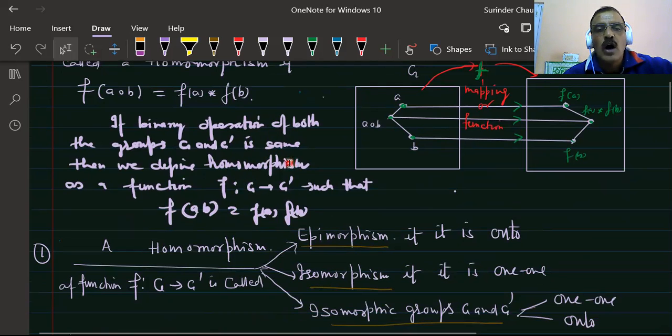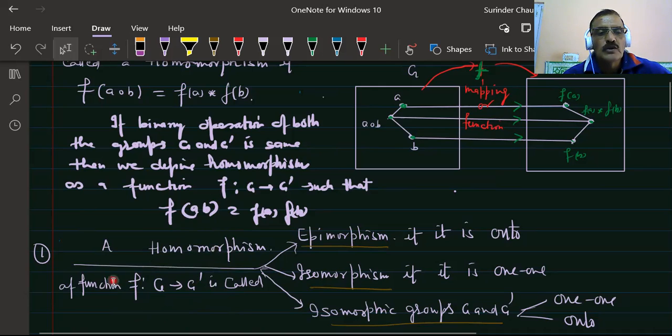Now we'll understand how many types of homomorphism there are. We know that functions are of types: one-one, onto, and into, many-one. In the case of homomorphism, homomorphism is again a mapping from the group G to the group G dash.